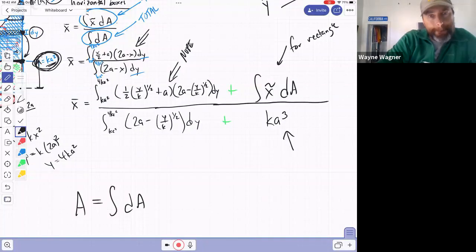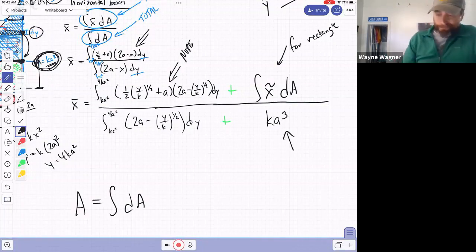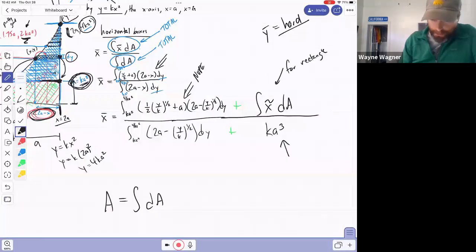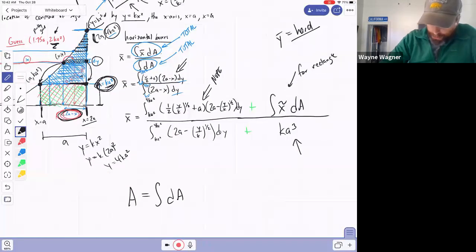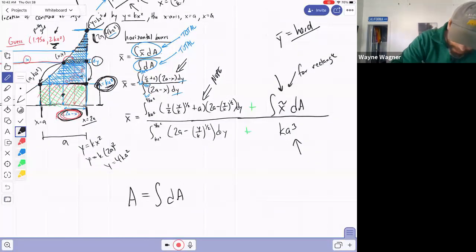Now for this top bit, no need to integrate there either. What's the x tilde for this whole rectangle? Well, it's right here in the middle of this rectangle, and it's got a position of 1.5a comma, I guess it'll be ka squared over 2. So that's my x tilde.